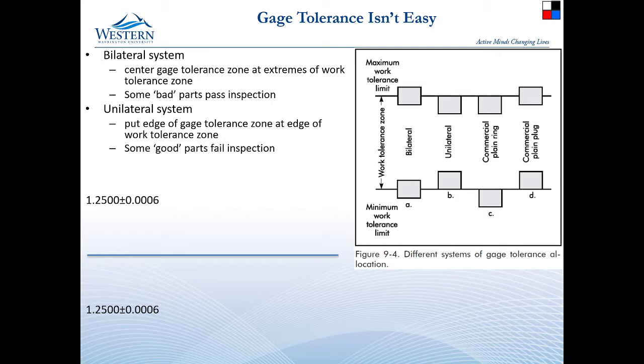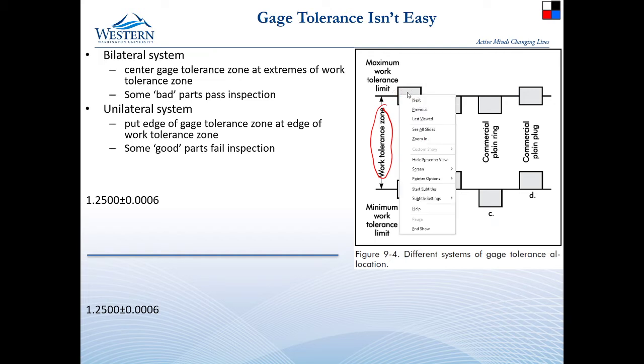Remember, this is for me to give to the gauge maker so that they can go and make the gauge that I need. And so, I tell them I want you to make the gauge to this size, to the work tolerance zone, but then we have to give them some tolerance. And so if I give them a bilateral tolerance, if they hit it right on the nominal, okay, well, that's fine, because that is a perfectly reasonable value for them to hit.